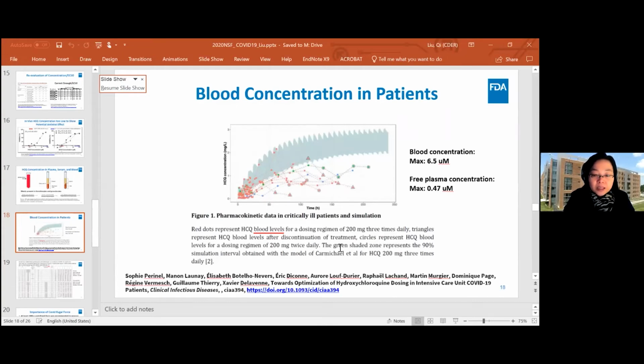Even if we take the maximum concentration points among all these individuals taking 200 milligram of hydroxychloroquine 3 times a day, after correct conversion, the free plasma concentration is only about 0.47 micromolar, lower than the lowest reported EC50 of 0.72 micromolar.